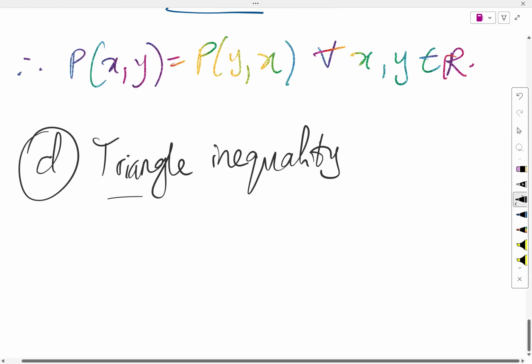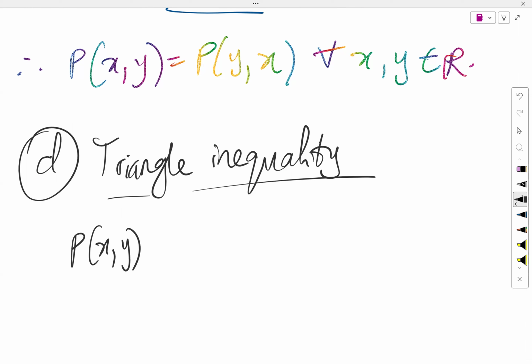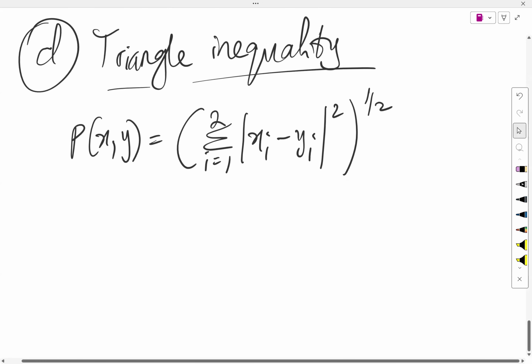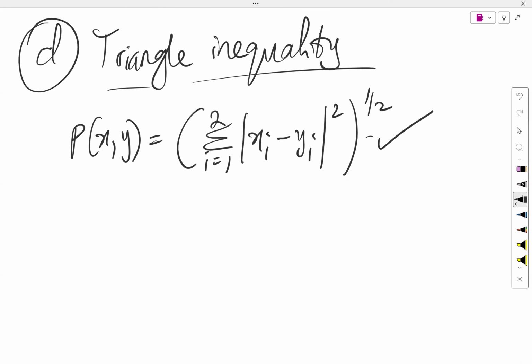So for triangle inequality, we have P of xy again to be this summation from i equals 1 to 2 of the absolute value of xi minus yi raised to power 2, all raised to power half. Here, we also need some skillfulness to deal with this. So can we, first of all, triangle inequality. Yeah, this is the definition we have, right?